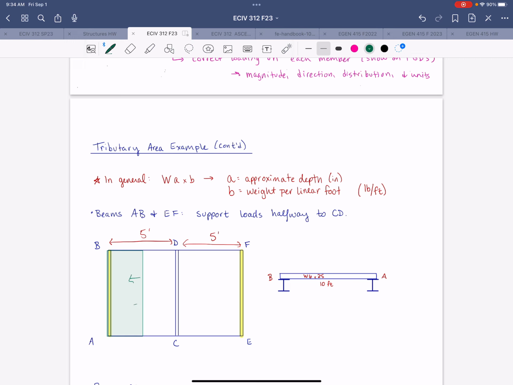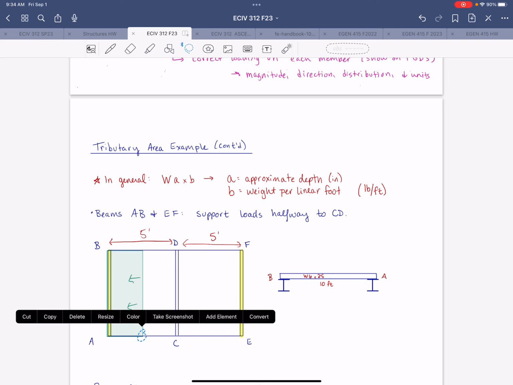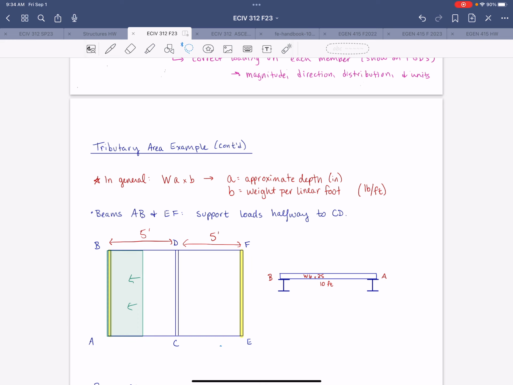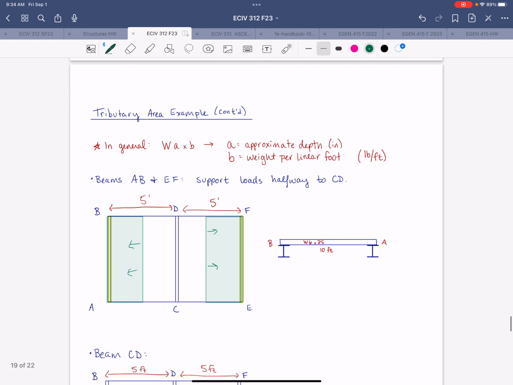All right, so all the load that falls in that zone will go to that beam, and similarly over here. Since those two beams are the same, we only need to do this analysis once.